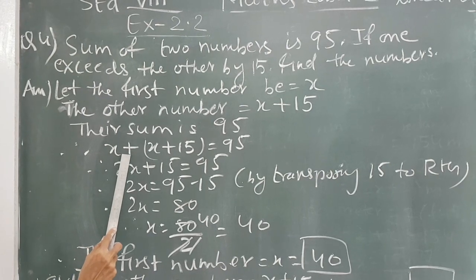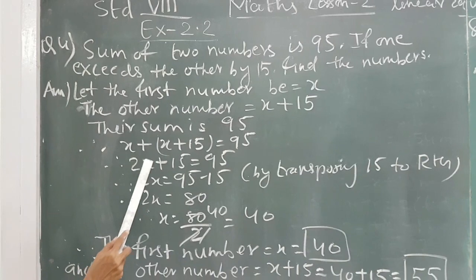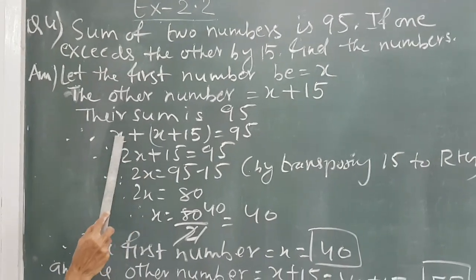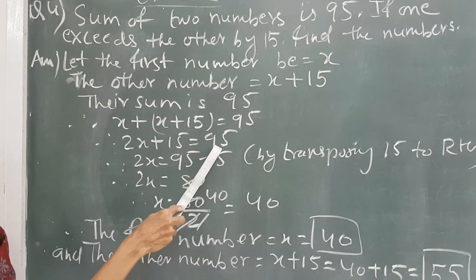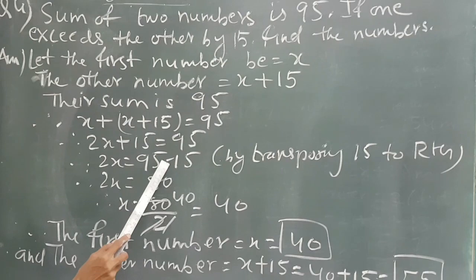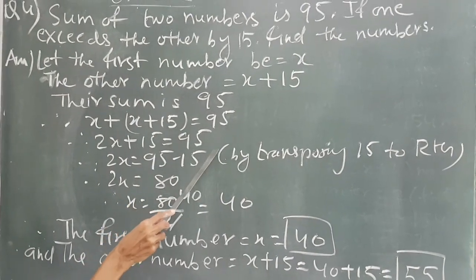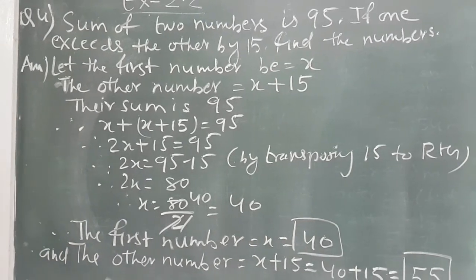Therefore x plus x plus 15 is equal to 95. Two like terms, therefore x plus x will be 2x plus 15 is equal to 95. Therefore 2x is equal to 95 minus 15. I have changed the place of 15 by transposing 15 to RHS.